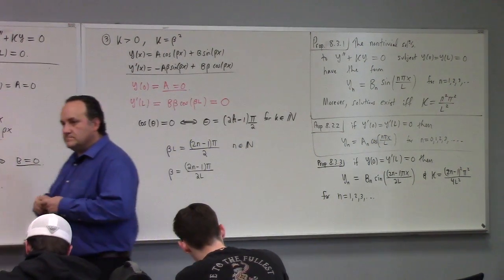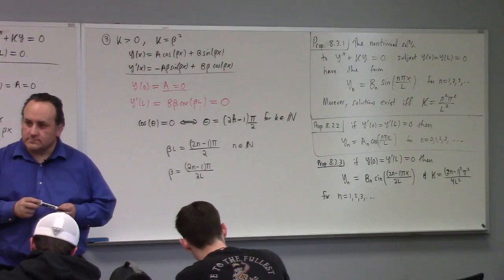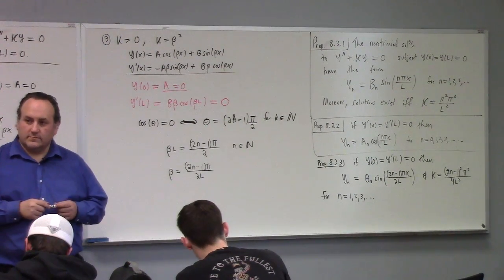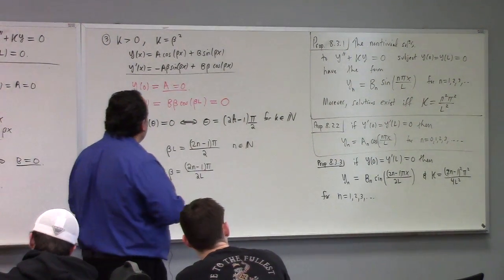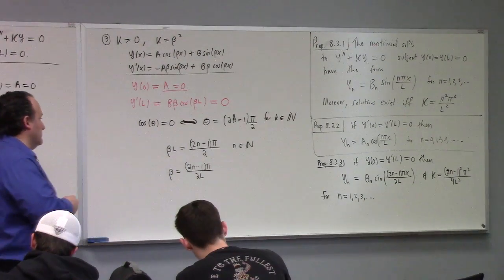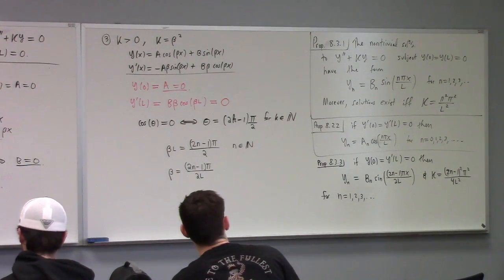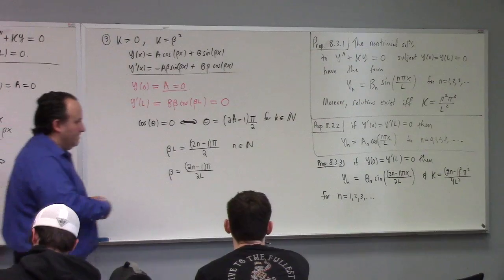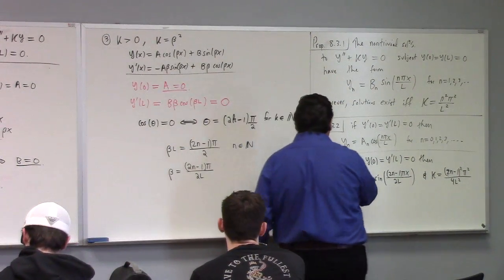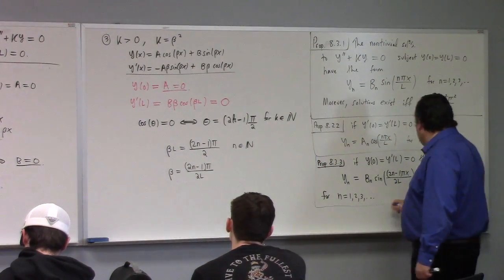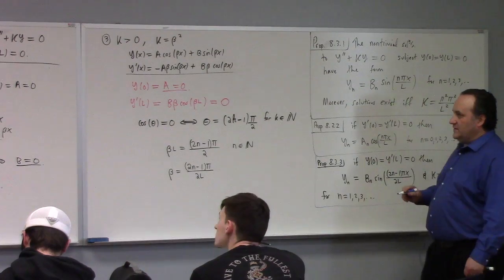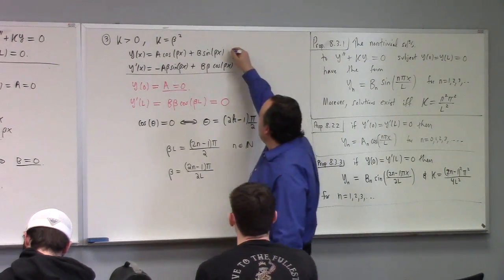Yes, sir. Why did we go back to sine in the proposition from the cosine we found, of beta L? Why did we do that? What's the logic here? So the logic is, this is the general solution, right?